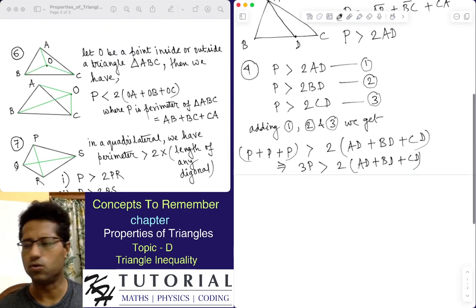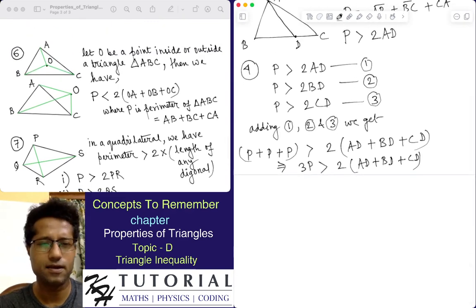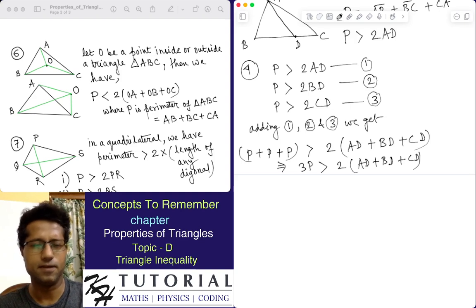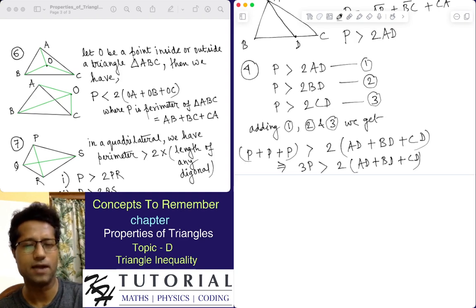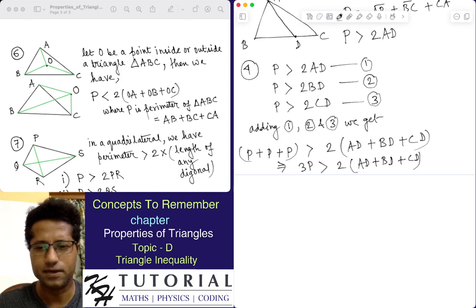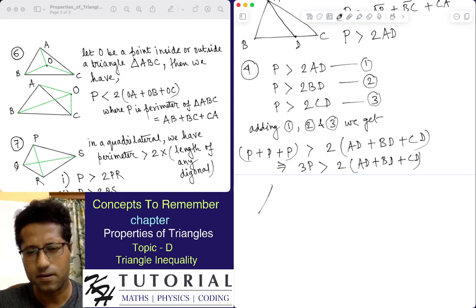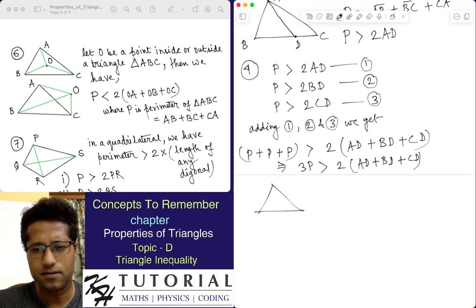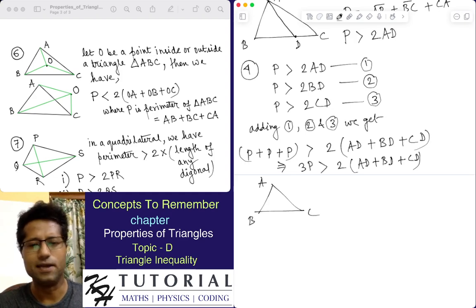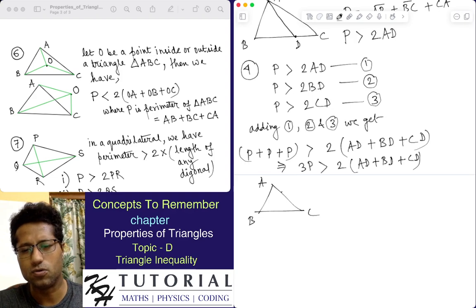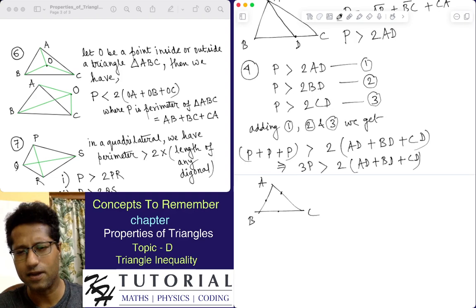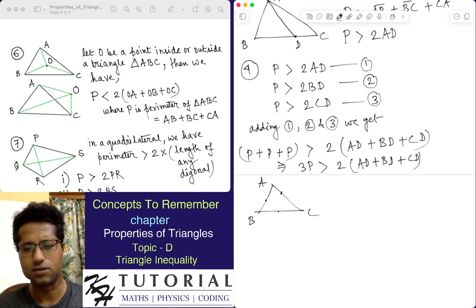Saying that the point O lies inside or outside the triangle means that the point O should not lie on the triangle, that is, it should not lie on the side AC or AB or BC. Anywhere else, it is either outside the triangle or inside the triangle.